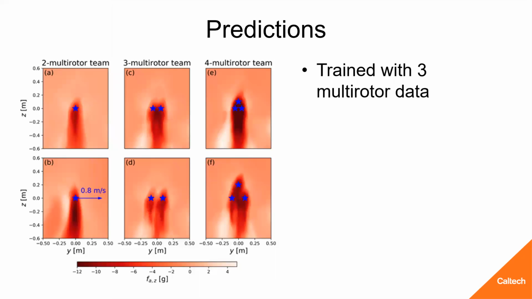If you would fly above it, then FA basically is 0. But if you would fly below it, let me see if my cursor works. If I fly here, FA is more or less 0. If I would place another quadrotor down here, then it gets pretty high, up to like 12 grams or something if you're directly underneath.